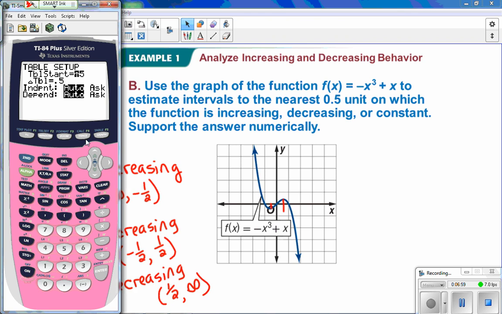So now if I look at my table, I'm going to see that it is decreasing as I'm moving to the right until I get to negative 1/2, and then notice that it starts to increase again. So now it's increasing, and when I get to 1/2, at 1/2 it was 0.375, and as I continue to move towards the right, now it's decreasing again. So you'd have to write down some values numerically from your table that would show those changes.